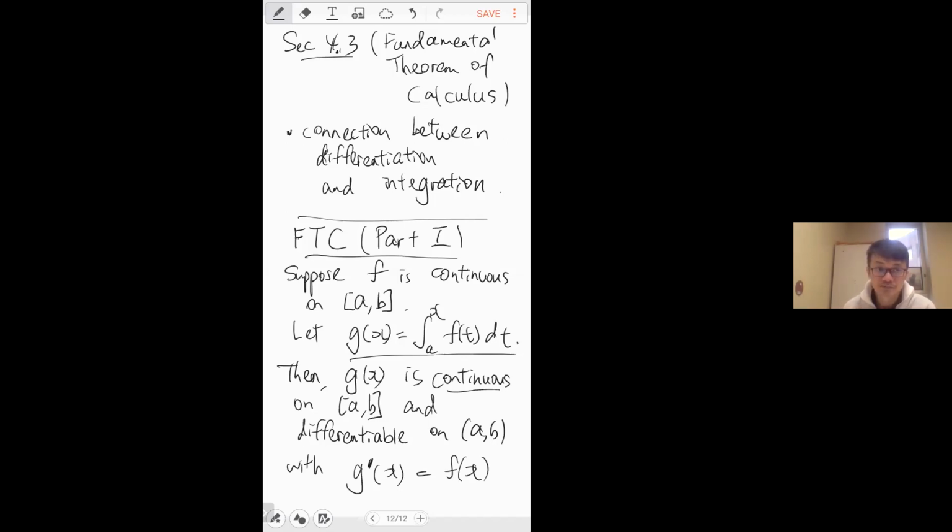It's just a variable. I don't want to use x because I want to preserve the variable x for g, for the function g. Any other questions? Okay.